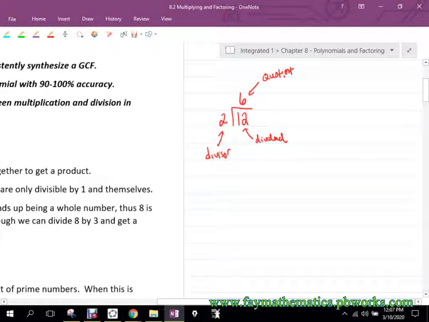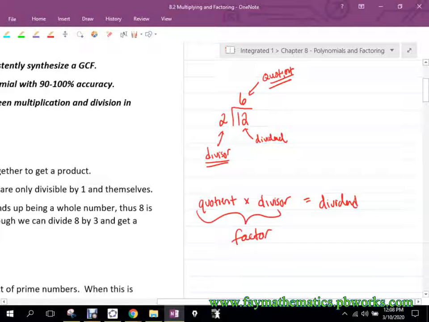Now what happens is that the quotient multiplied by the divisor is equal to what? If I take that quotient of 6 and that divisor, multiply them together, what do I get? I get the dividend. So these are factors to that product. Does that make sense? So if 12 is my product, through division, I can determine my factors, right?